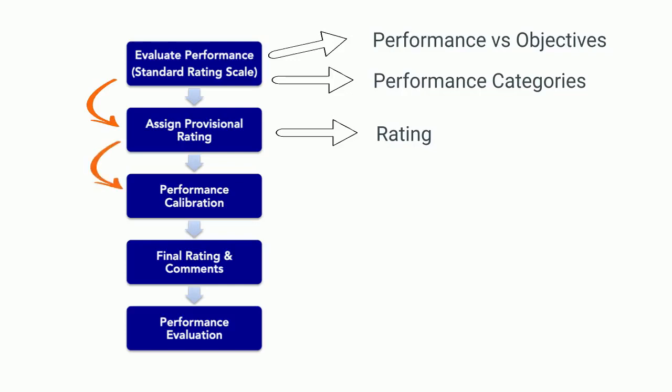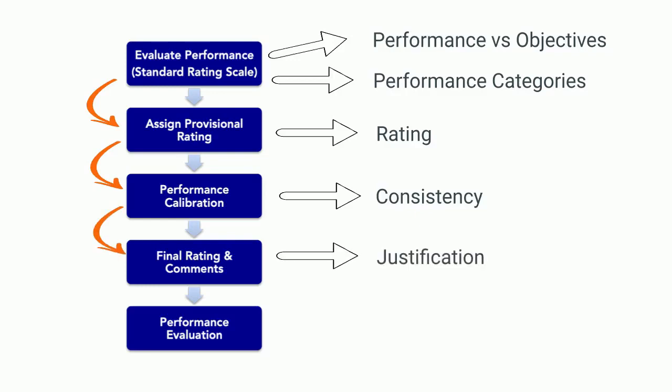A performance calibration exercise is then carried out to ensure that people managers are consistently applying the rating scale across the organisation. Following this exercise, a final rating is assigned with justification comments. You are now ready for the performance evaluation discussion.